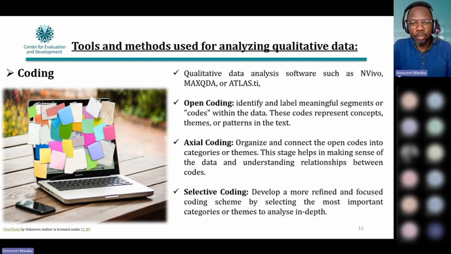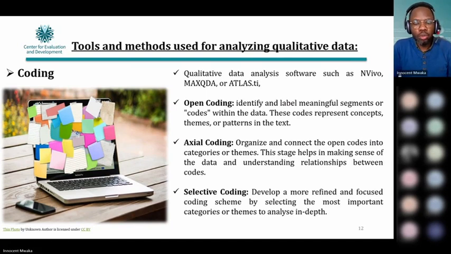As I introduced before, these are usually different levels of narratives. They can also be visuals, videos, or observation notes that you might have taken while collecting the data.